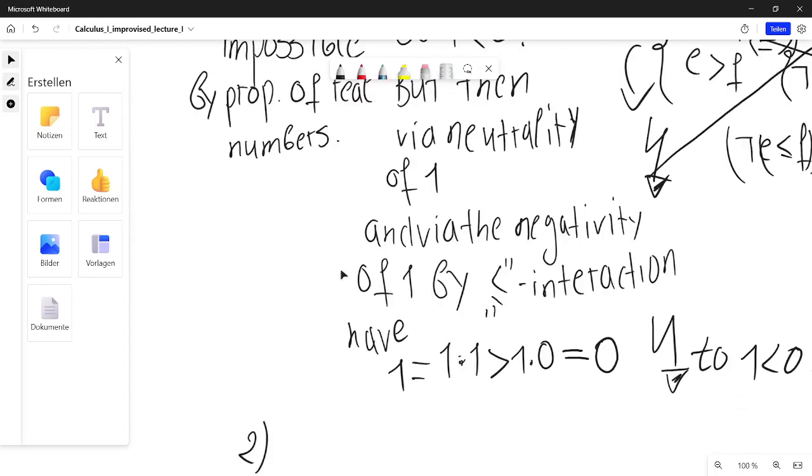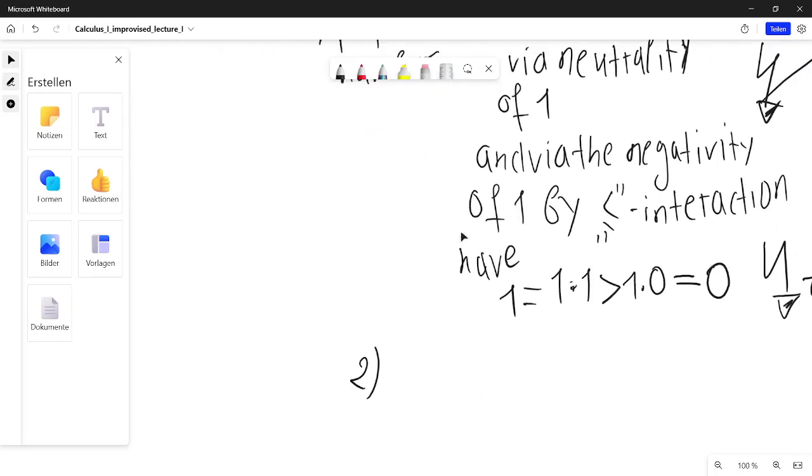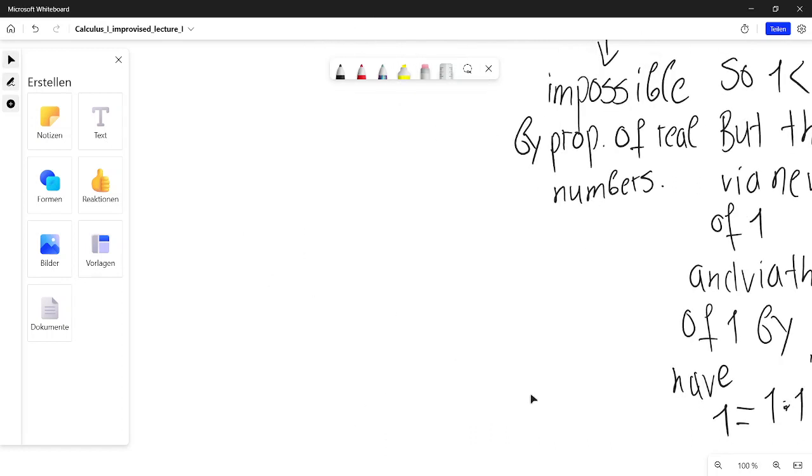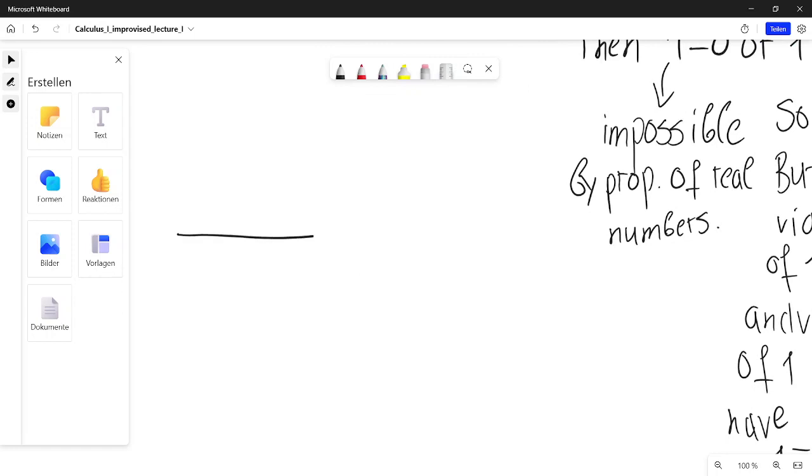Actually, you might wonder why 0 is such a special number that we take exactly that to divide into classes of positive and negative numbers. Why exactly positive and negative?